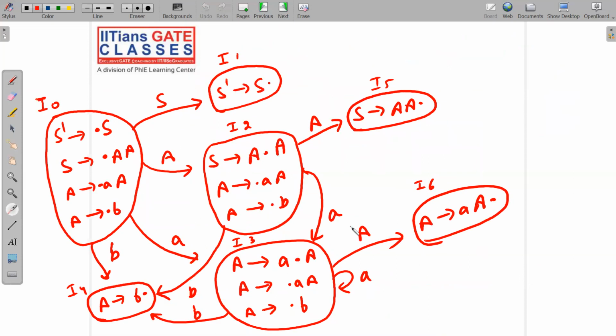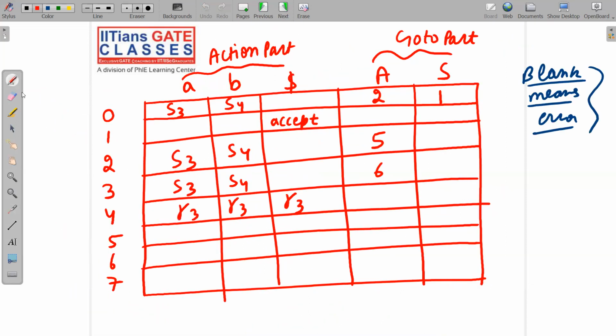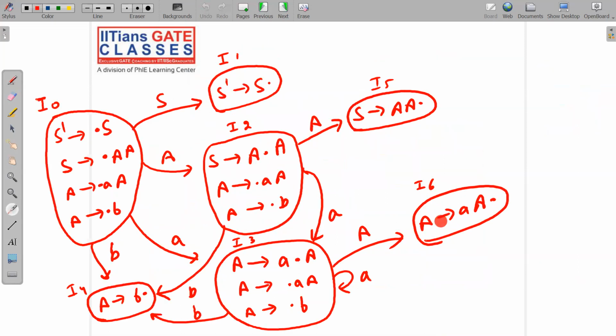Now state number 5. State number 5 is again a final item. So state number 5 is what? 1. So production number 1. So I will write here R1, R1, R1. Okay. Now state number 6. Again final item.